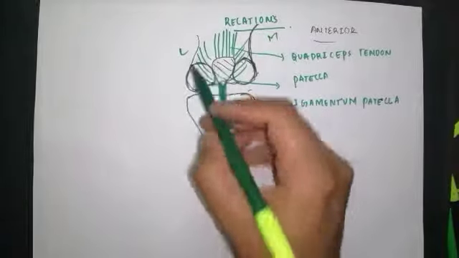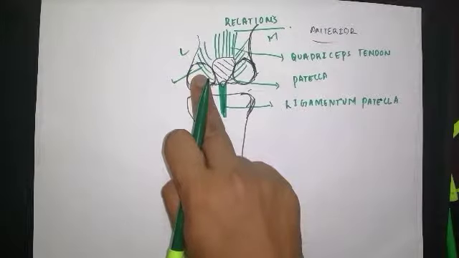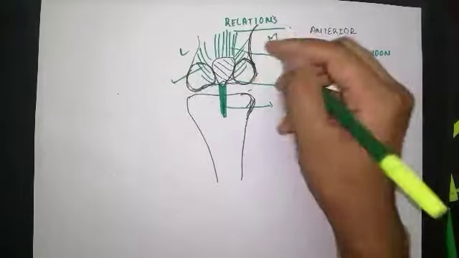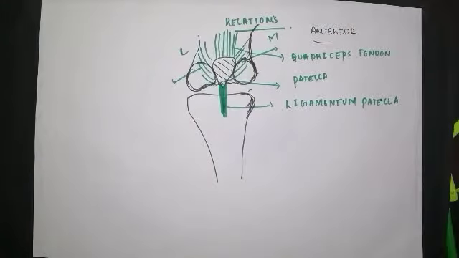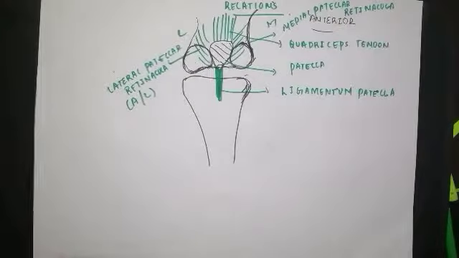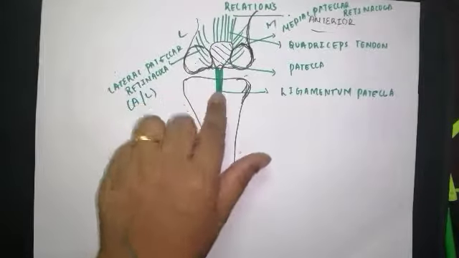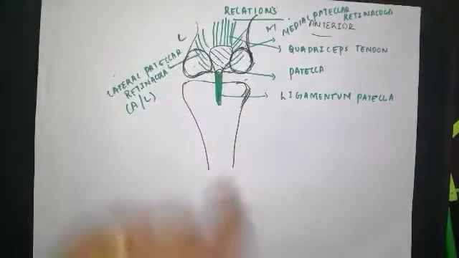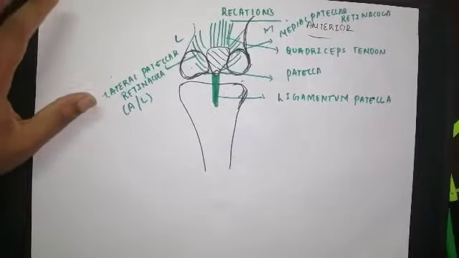Anterolaterally it is related to the lateral patellar retinaculum, and anteromedially to the medial patellar retinaculum. So these are the anterior relations: the patella, quadriceps tendon, ligamentum patellae, with the lateral and medial patellar retinacula forming the anterolateral and anteromedial relations respectively.